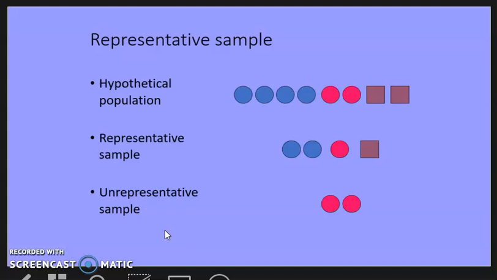Does that mean you cannot do the statistical analysis? No, it doesn't mean that. You can still do the statistical analysis, but because you don't do random sampling, you won't be able to infer your results to the population. So if you do a convenience sampling, when you do your statistical analysis, your results are valid for your sample only.